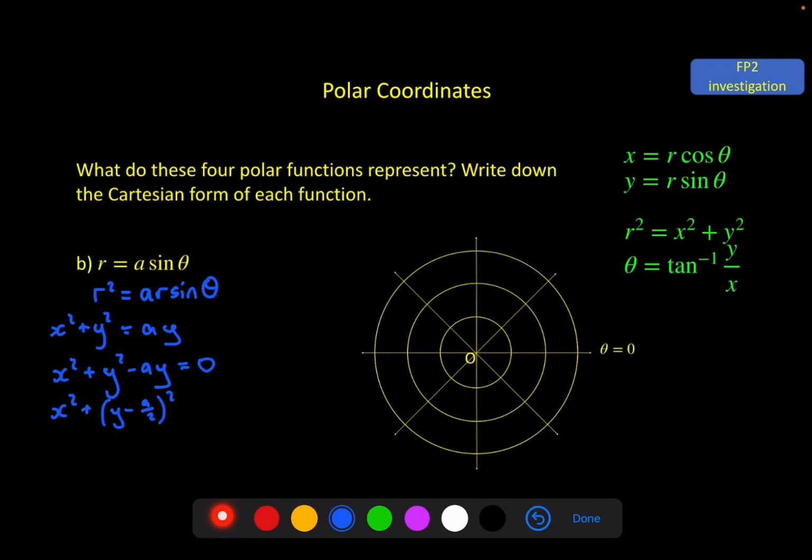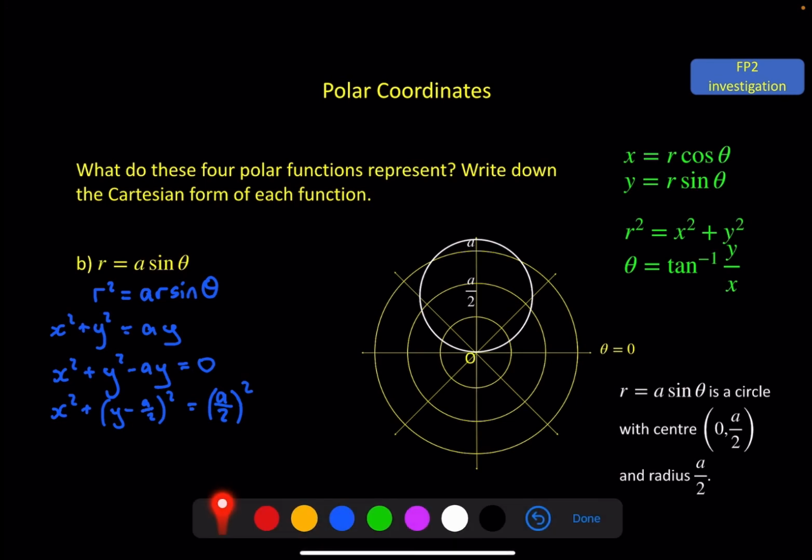And then take the a squared over 4 back on the other side. Make it clear that that's the radius squared. Write it like this. Very similar situation then, except now we've shifted up the y-axis instead of the x-axis. So r equals a sine theta is a circle with center (0, a over 2), and radius, again, a over 2.